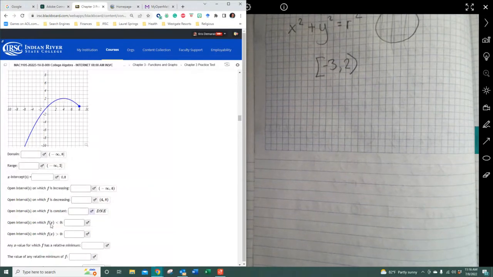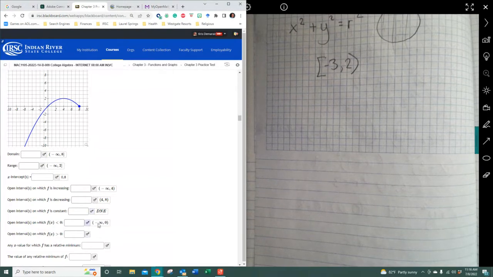The open interval for which f of x, the function, is less than 0 would be from -infinity up to 0, because we read it from the range value basically. So the function is coming from -infinity all the way up to 0.